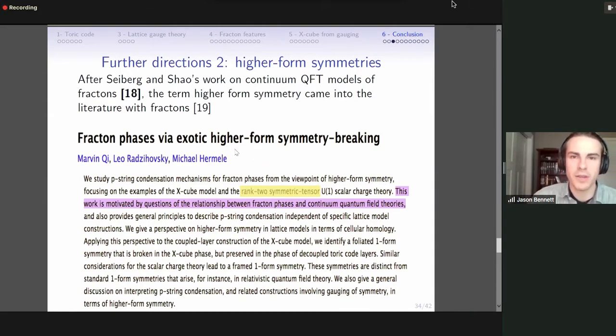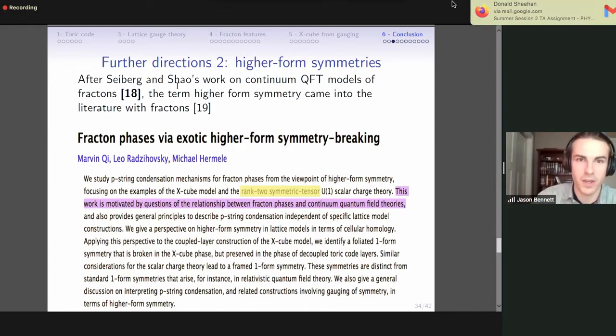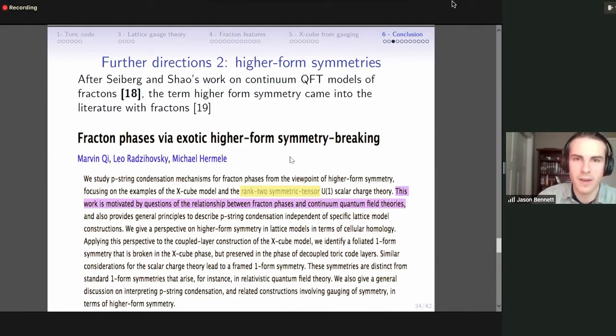And recently, something called higher form symmetry breaking was inspired by Professor Xiao's work, which in many ways relies on this symmetric tensor gauge theory.